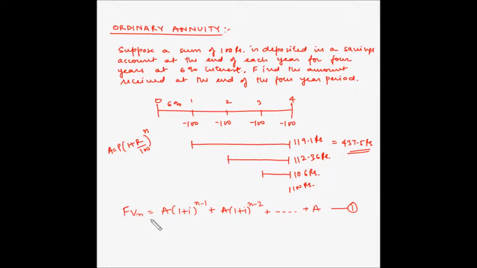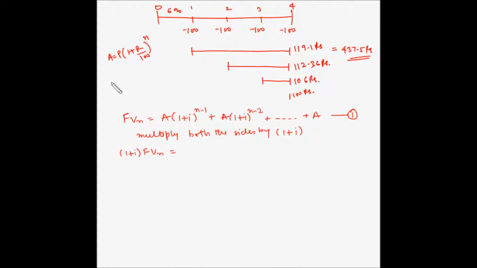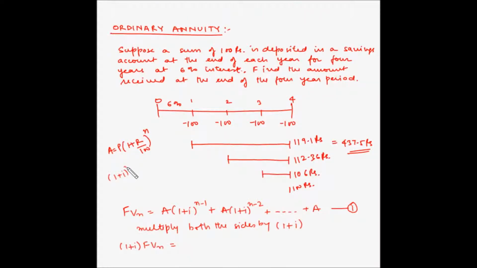Now let's multiply both the sides by 1 plus I. So then we get 1 plus I into FVN is equal to, now we know that 1 plus I to the power n minus 1 into 1 plus I can also be written as 1 plus I, because the base is the same, to the power n minus 1 plus 1.